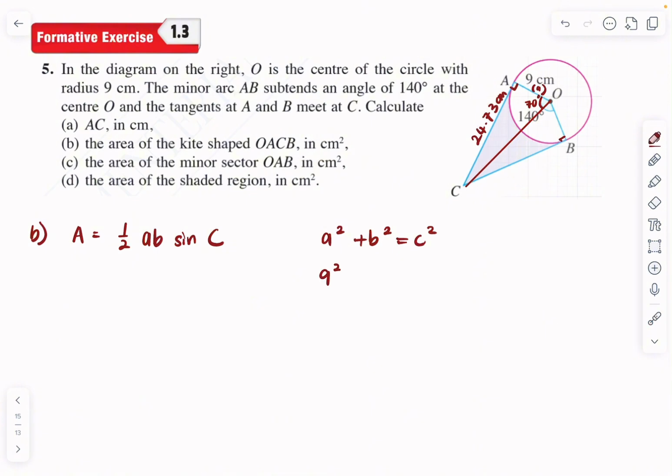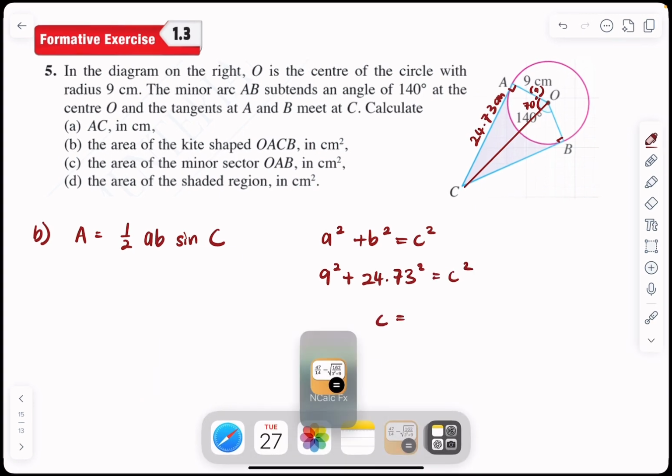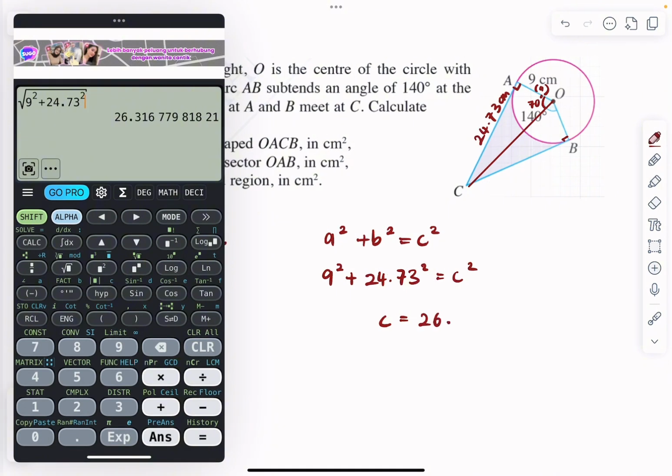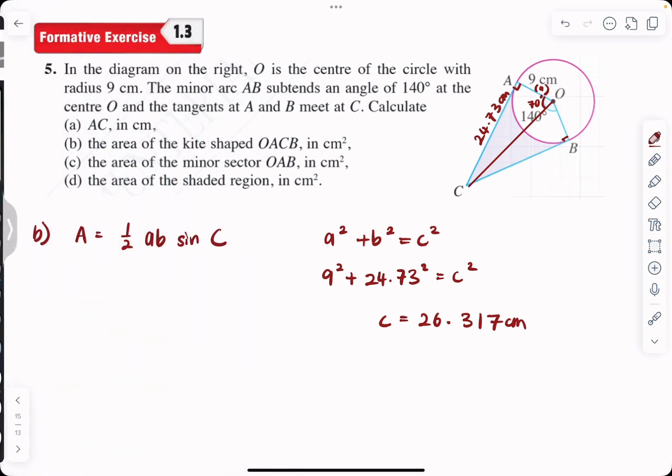Therefore A and B can be 9 square and 24.73 square. So C will be the square root of 9 square plus 24.73 square. 26.317 cm. Right. So this is actually OC.